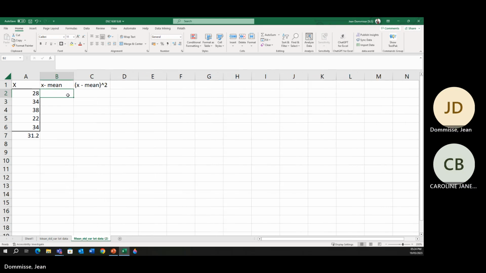So when you look at how you would have calculated your variance, the formula for your variance is your x value minus your mean, and then the next part of that is that we need to make it to the power of 2.